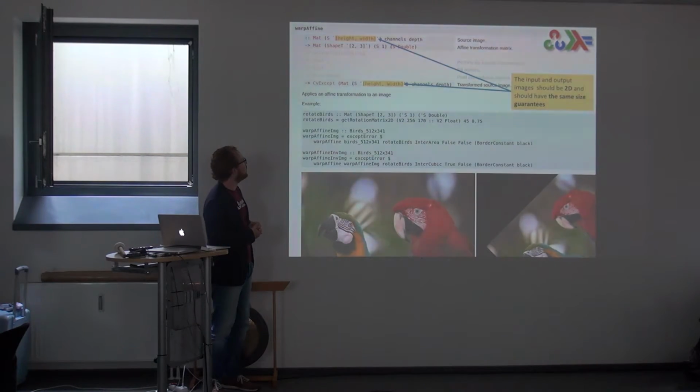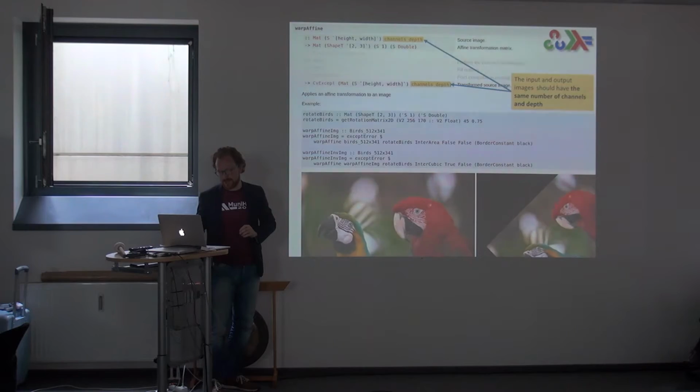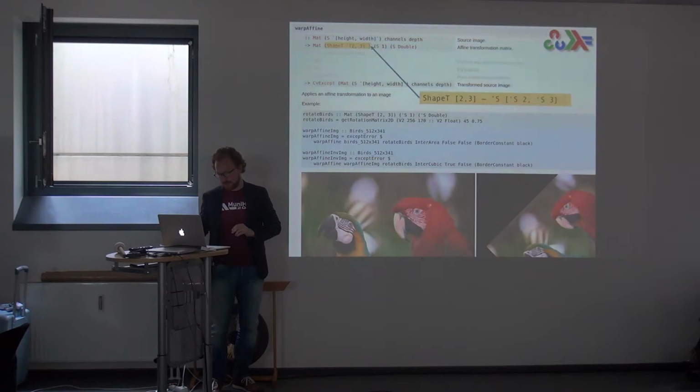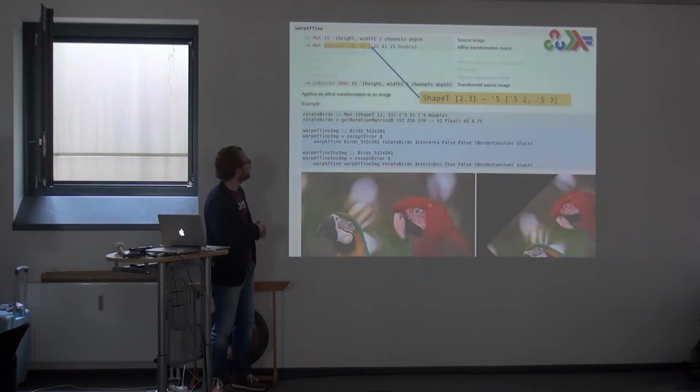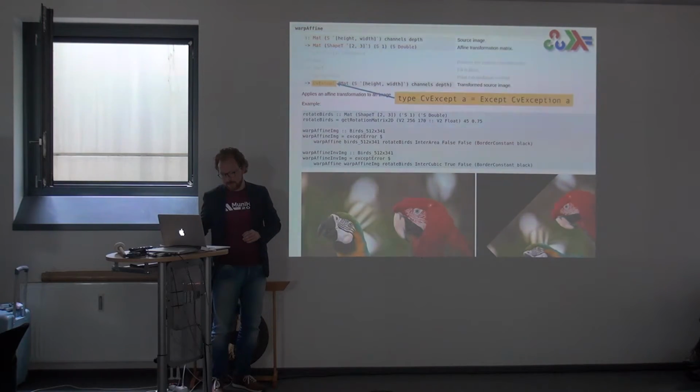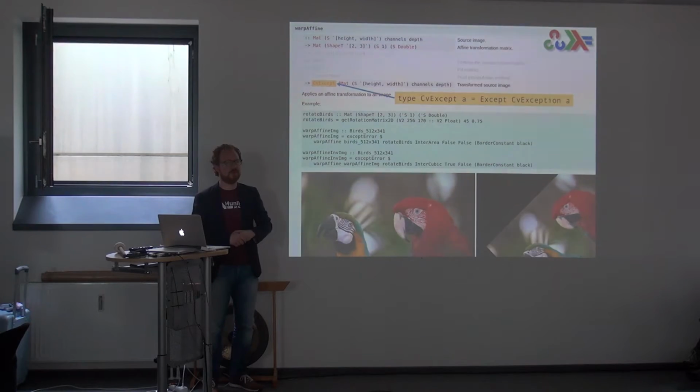And you can encode that with these phantom parameters. And the same thing holds for the channels and depth. The second parameter is this transformation matrix. And you can see here that it should also be a 2D matrix, but it should be a 2x3 matrix. So you can encode that. What you see over there, that's a monad that we use for representing exceptions, because certain operations can fail, so we wrap it in the except monad.